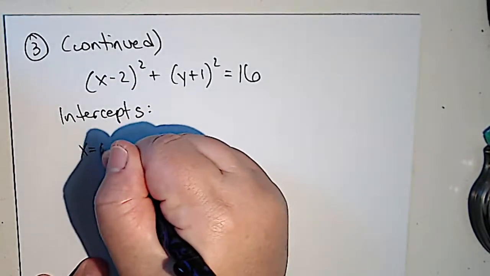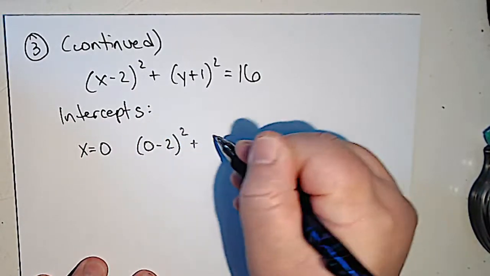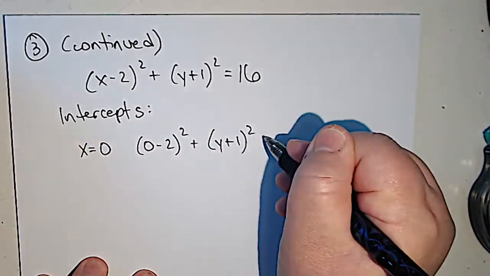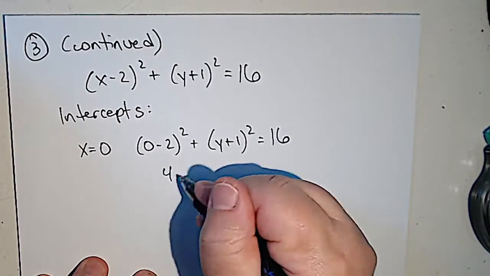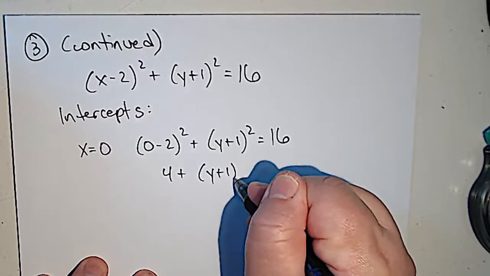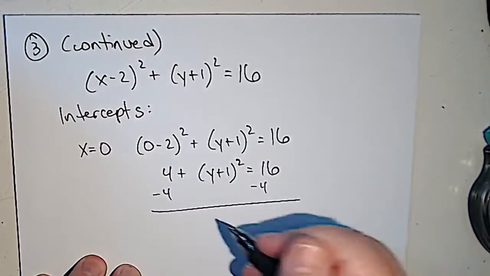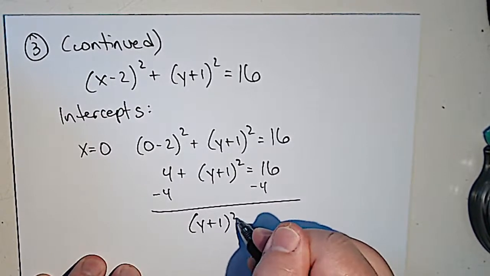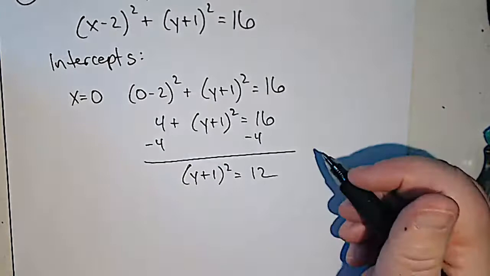Basically, you plug x equals 0 in. So you get 0 minus 2 squared plus y plus 1 squared equals 16. So this is going to be 4 plus y plus 1 squared equals 16. Subtract 4, subtract 4. Y plus 1, the quantity squared, equals 12. Okay.